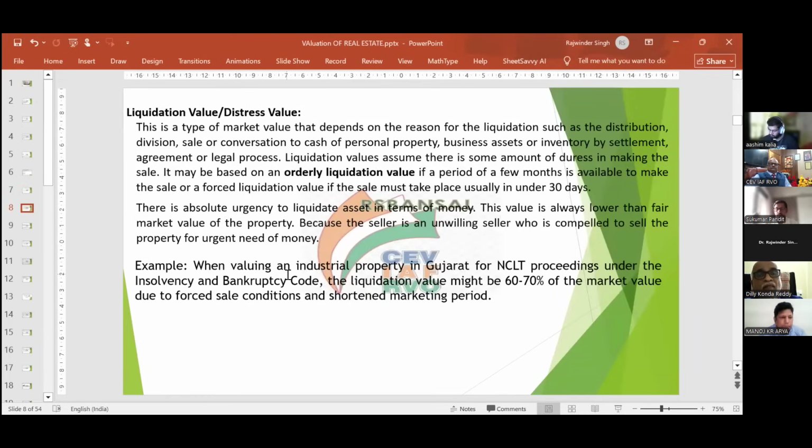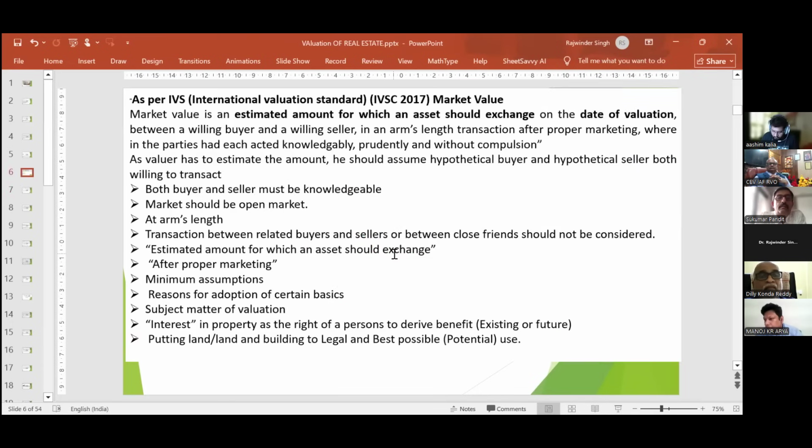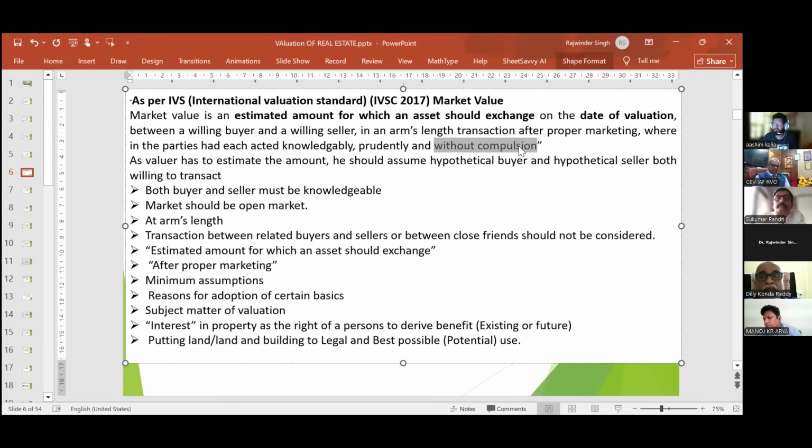Then there is liquidation value and distress value. What is the difference between liquidation value, distress value, and market value? One thing we have considered is that the transaction should be without compulsion.